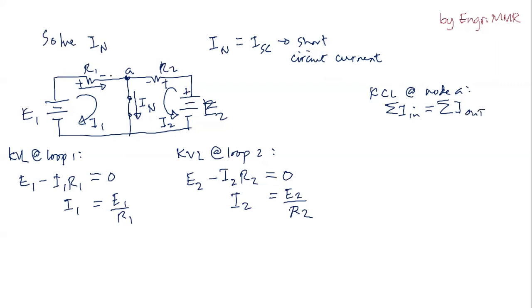The current entering node A is I1 and I2. So you have I1 plus I2 equals IN. So if we have found the values of I1 and I2, we just simply add them and we get the IN.